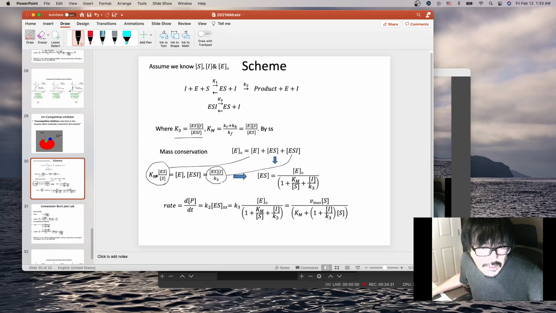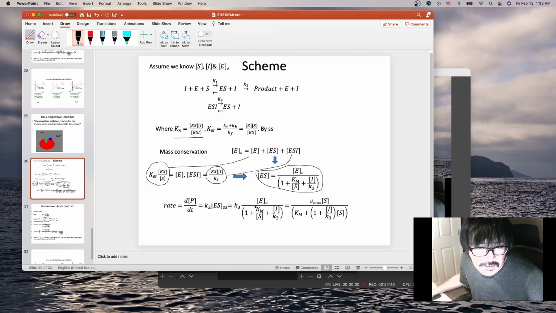Look, I already have the ES in everything, so I can factor out the ES and then solve for the ES, right? Then when you solve for the ES, all you have to do is plug these things into the product formation rate expression, which is this one right here. So that is going to go into here.